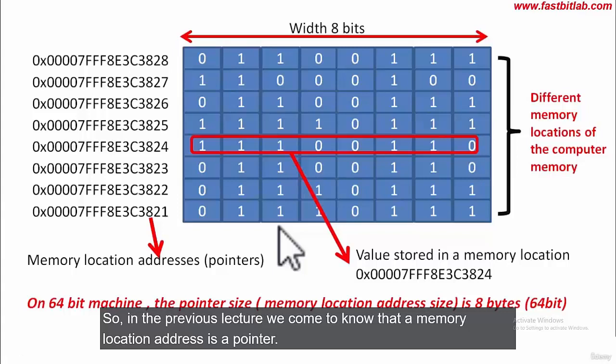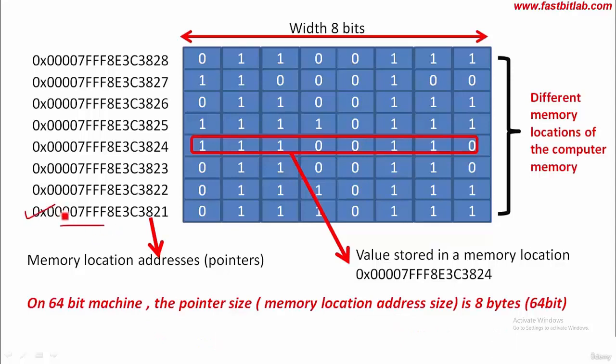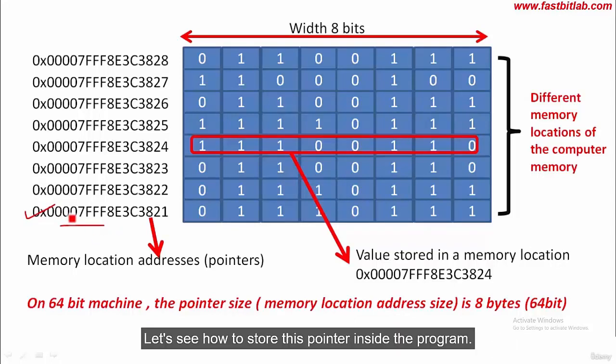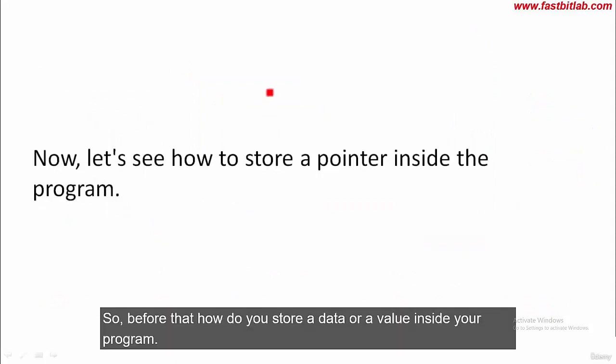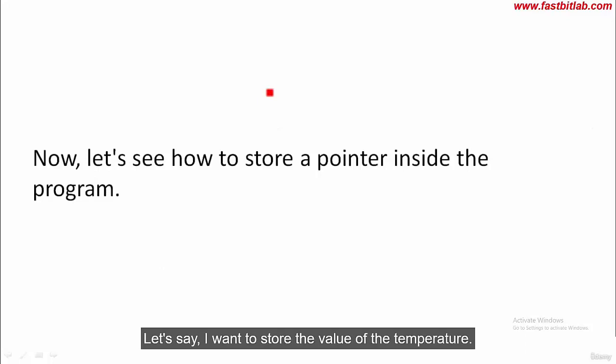So in the previous lecture, we came to know that a memory location address is a pointer. For example, this one. Let's see how to store this pointer inside the program. Before that, how do you store a data or a value inside your program? Let's say I want to store the value of the temperature. I create a variable for that.